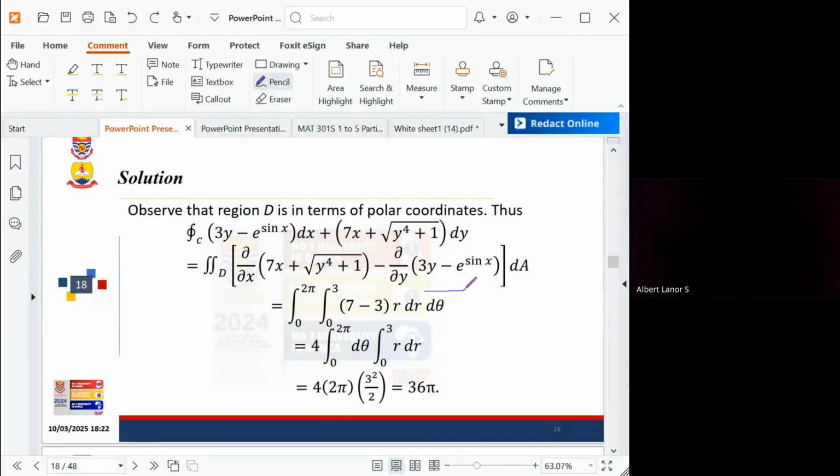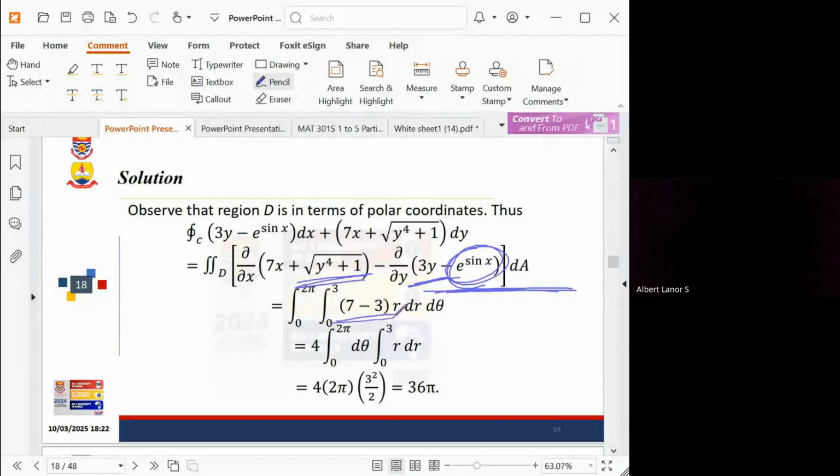Now, at this point, we want to do the differentials. Remember that when you differentiate 7x, you get 7. When you differentiate the y part, you get 0. Then if you differentiate the right-hand side, you have 3. The e to the sine x will be 0. So that you have 7 minus 3.